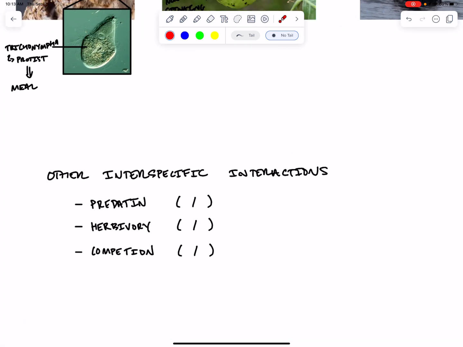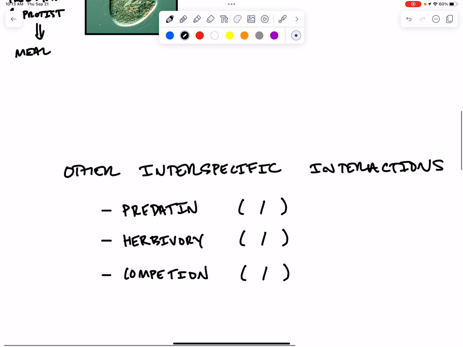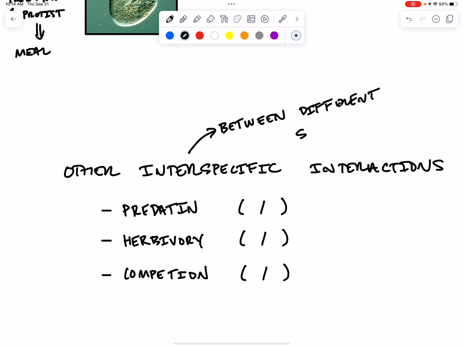Other interspecific interactions that we're going to be studying this year are categories that you've definitely heard of. Interspecific means between different species. Predation.